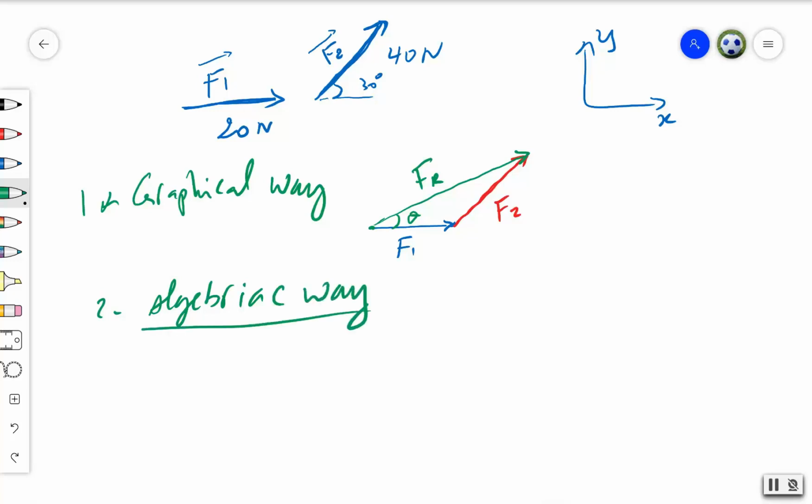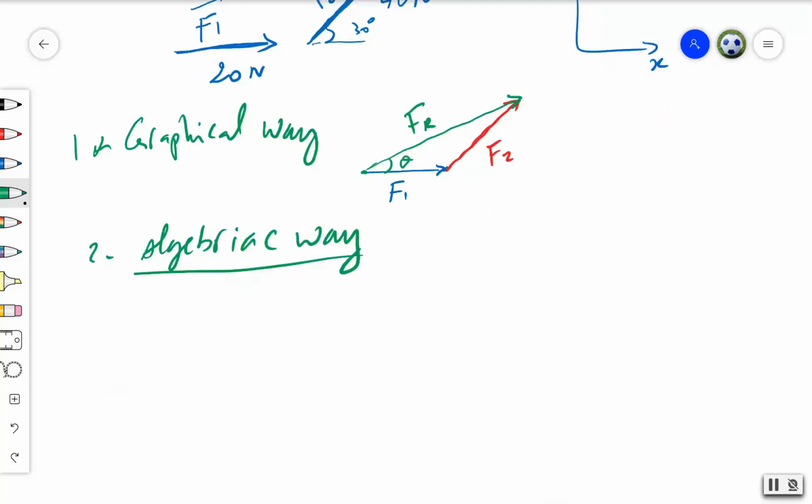Okay, so here it's much more involved. I'm going to start with F2 because F1 is very simple because it's parallel to the x-axis. So for F2, I need to find F2x and F2y. Since F2 has this direction, we'll have two components.